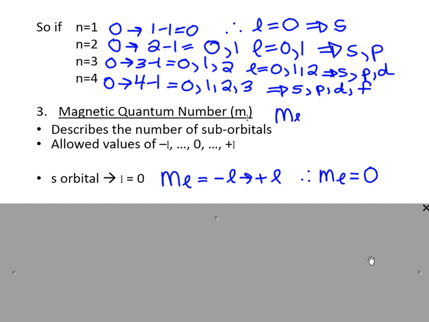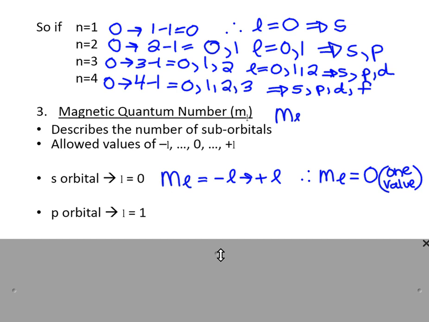It has one value, and one value means only one type of suborbital. And that one suborbital has to be S. So we know only one S orbital. We get one value generated for ML. Here the number doesn't matter, we're just looking at how many values are generated.